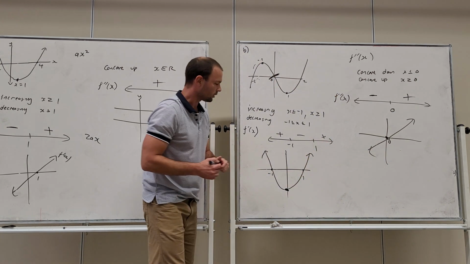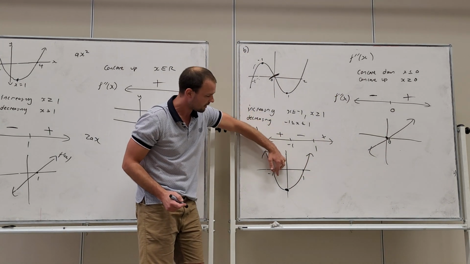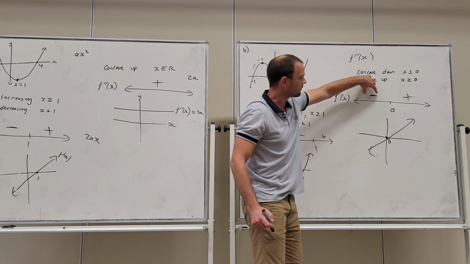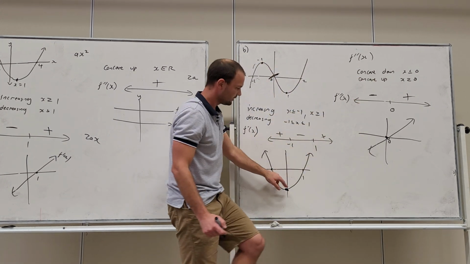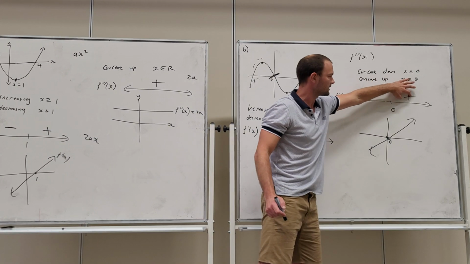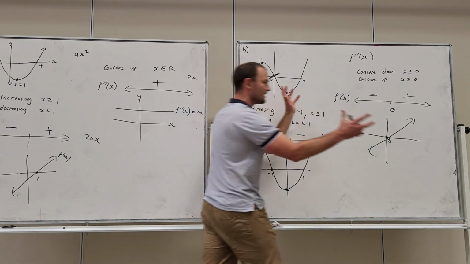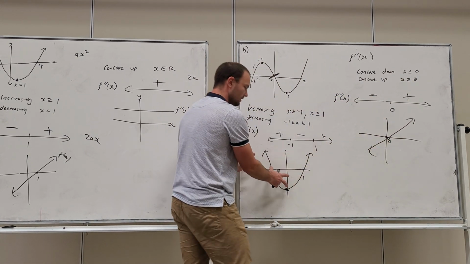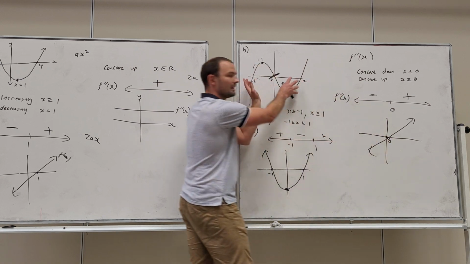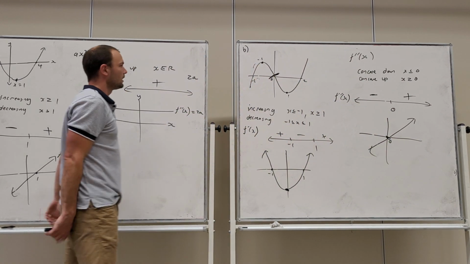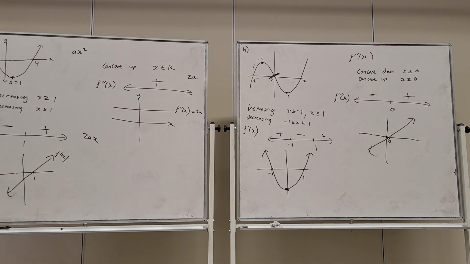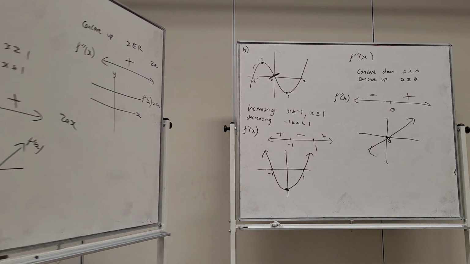All right, look, decreasing until we get to 0. Increasing after 0. Okay, so we can generate this graph from here, and we can generate this graph from here. It's going to satisfy both of them. Okay, any questions? Okay, move on to C.